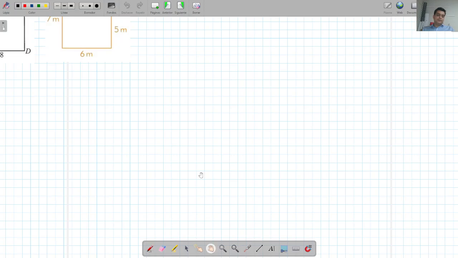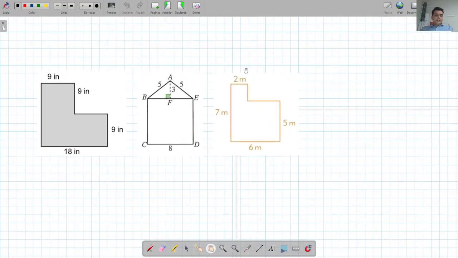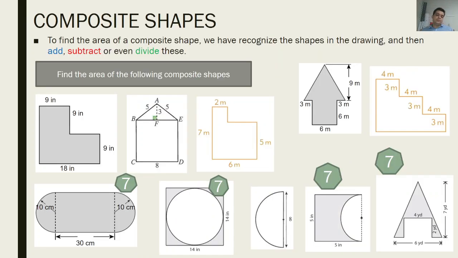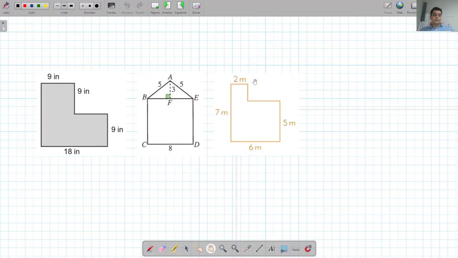Alright, now here we are finally on what are called composite shapes. We have a lot of composite shapes. In these composite shapes, you can see there are a lot, but we have to work them out.